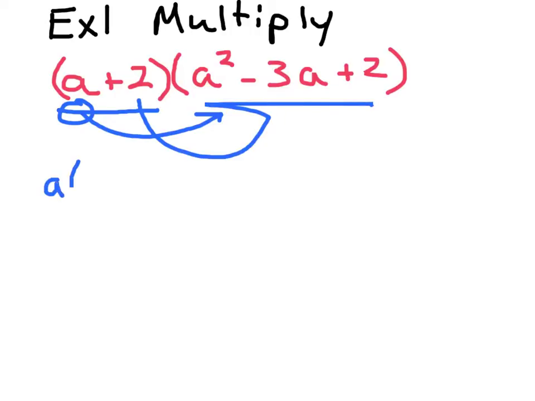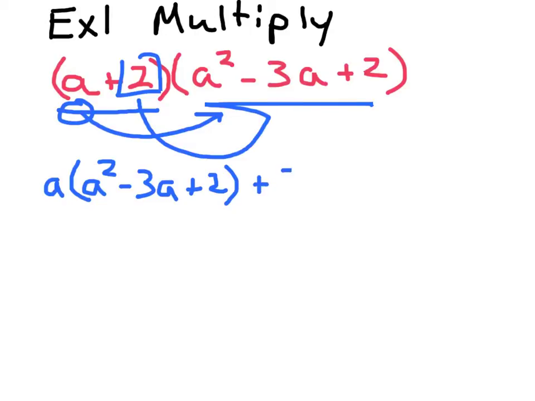We're going to multiply that by that whole trinomial. And then we're going to take the second term of the binomial, which is a positive 2, so a plus 2, times the trinomial. And now it's just a matter of using the distributive property.